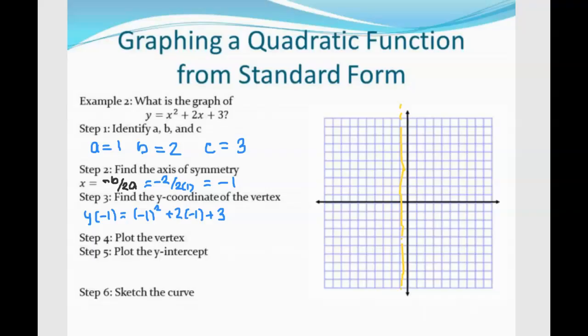A 2 times a negative 1 is negative 2. So we have 1 minus 2, which is negative 1, plus 3, which is 2. So my vertex is at negative 1, positive 2.